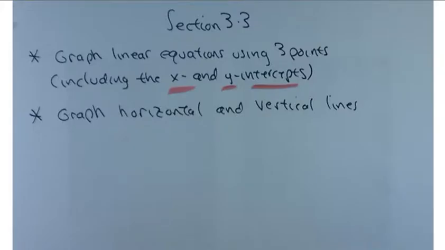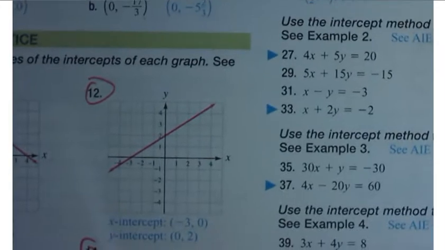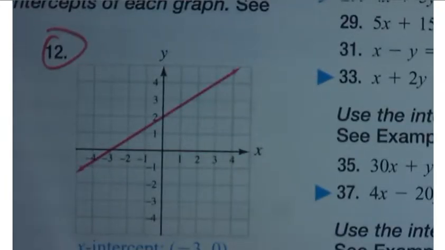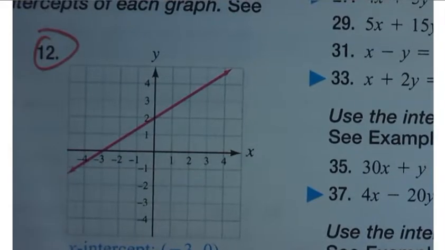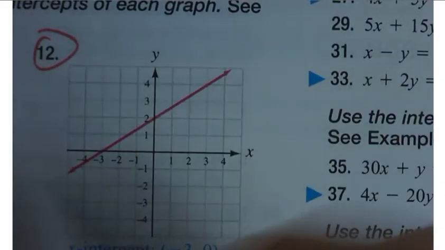But let's start with kind of a visual problem. That is problem number 12 from the book. It asked you to find the coordinates of the x and y-intercepts. So it's a fair one to start out with. So here we go. Now your y-intercept is where the graph crosses the y-axis.